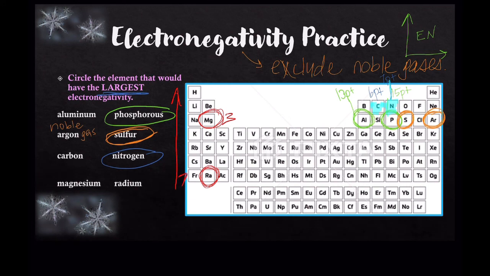For that reason, radium's nucleus, even though it is large, even though it's massive, even though it has a lot of protons, it's unable to attract, to pull in, to exert that attractive force on those outer valence electrons, pulling them in closer. It's unable to do that because the outer electrons are so far away. So distance of the valence electrons from the nucleus plays a role here. So for that reason, magnesium is the element with the larger electronegativity.